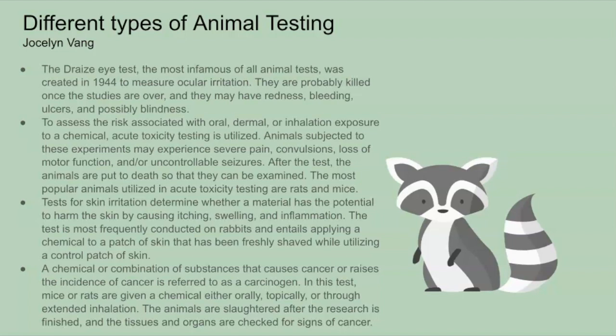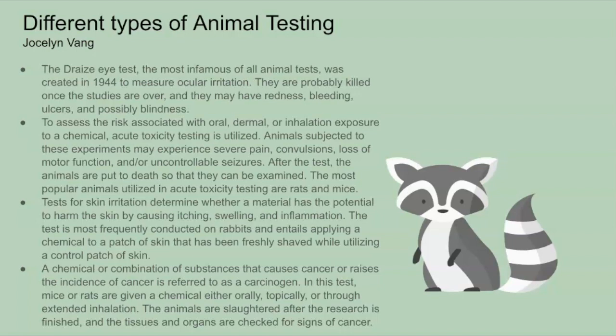After the test, animals are put to death so they can be examined. The most popular animals utilized in acute toxicity testing are rats and mice.